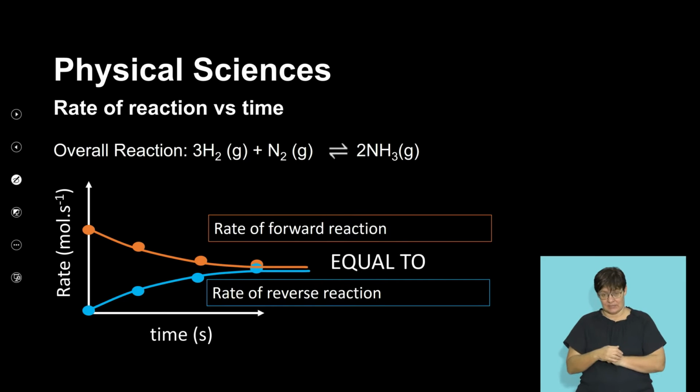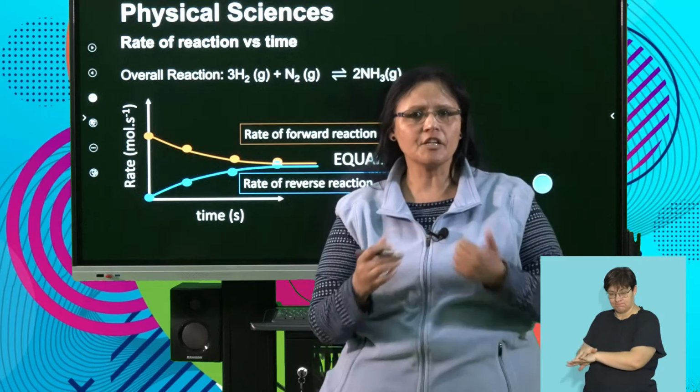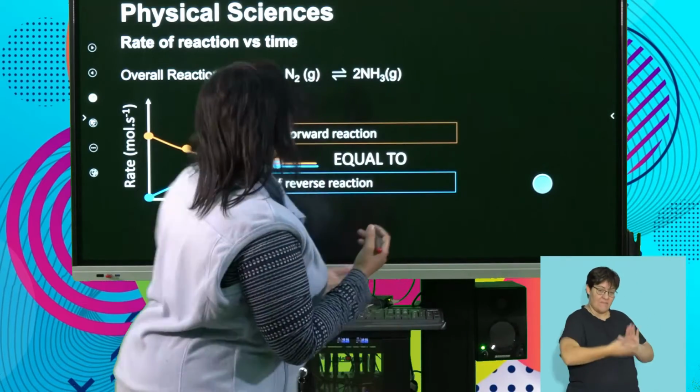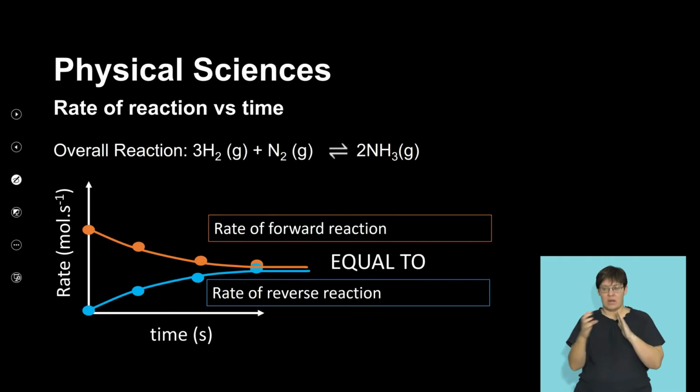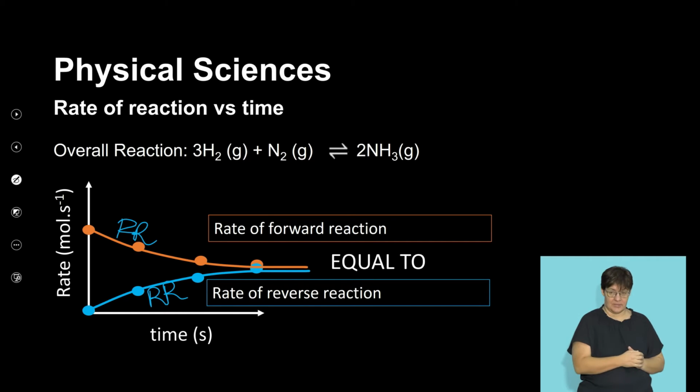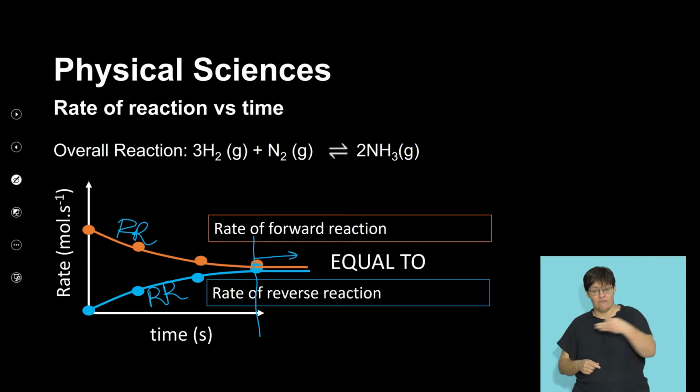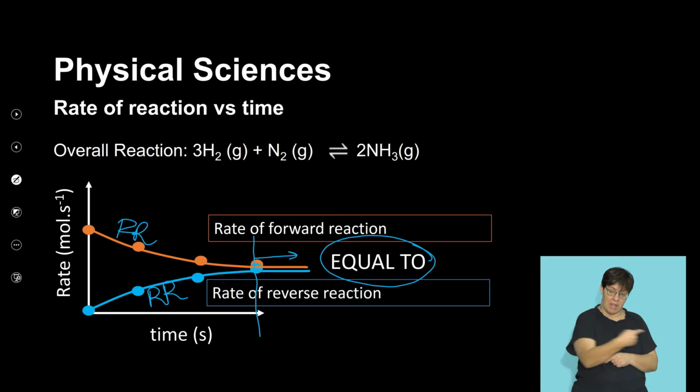So when we look at the overall reaction of the rate of the forward reaction and the rate of the reverse reaction, we can actually put it into a graph where the orange part will be our forward reaction and the reverse reaction is the blue graph, where we can see at this point from here onward, we actually have the rate of the forward reaction is equal to the rate of the reverse reaction.